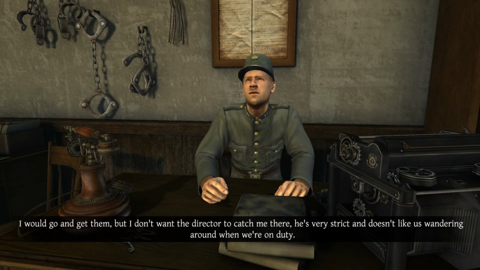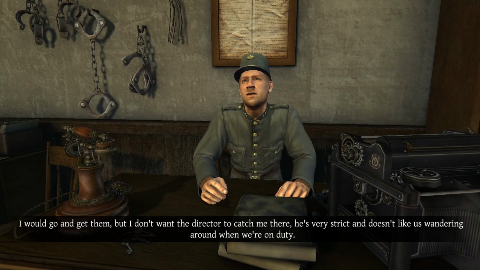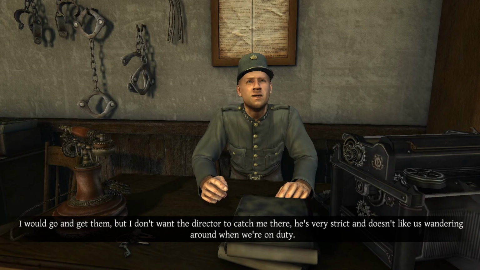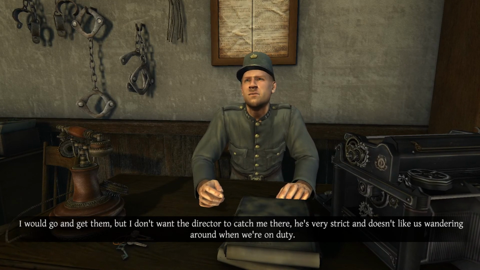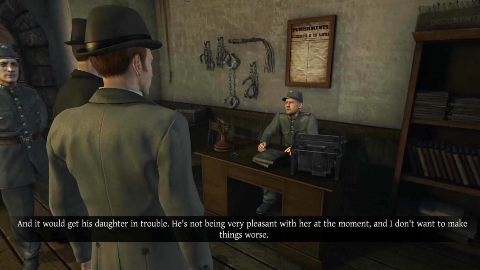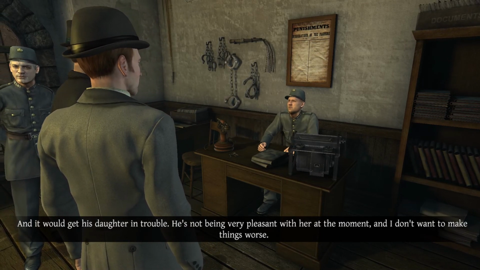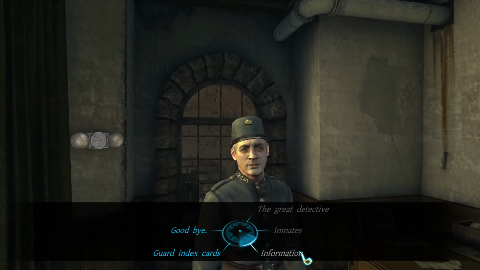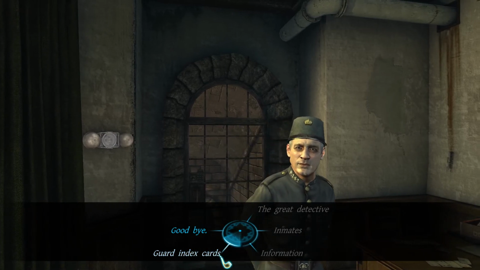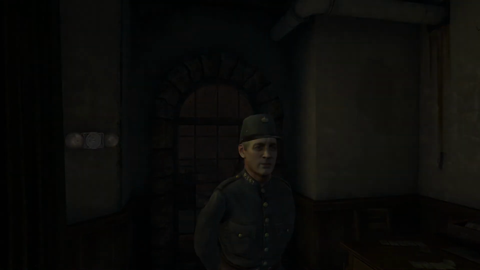I would go and get them, but I don't want the director to catch me there. He's very strict. Doesn't like us wandering around when we're on duty. And it will get his daughter in trouble. He's not being very pleasant with her at the moment, and I don't want to make things worse. Interesting. Guard index cards.